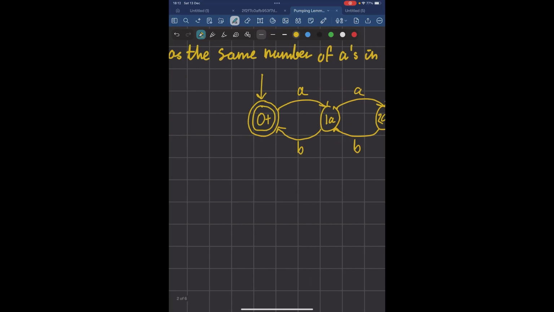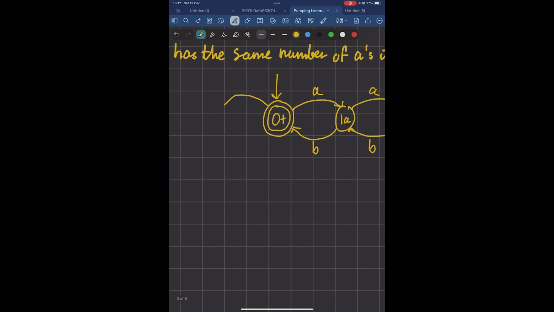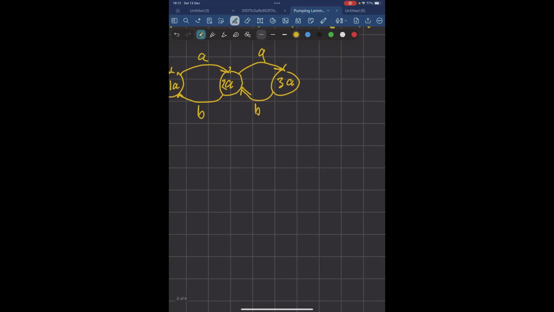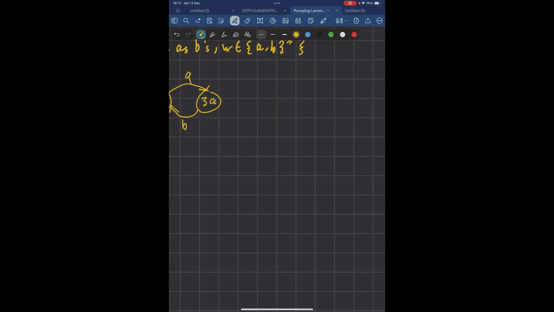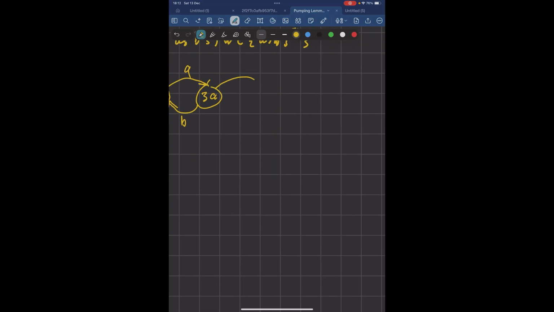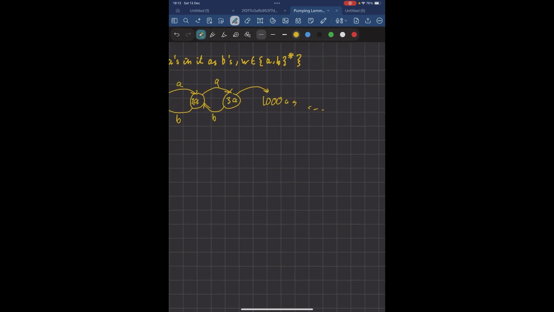And also we have to keep track of the case where we have more B's than A's. So this will be a state where we have one more B than A. And this goes on infinitely. We would need to have infinite states for every possible imbalance we could have. So we could have a million more A's than B's, and we'd need states for all of that.